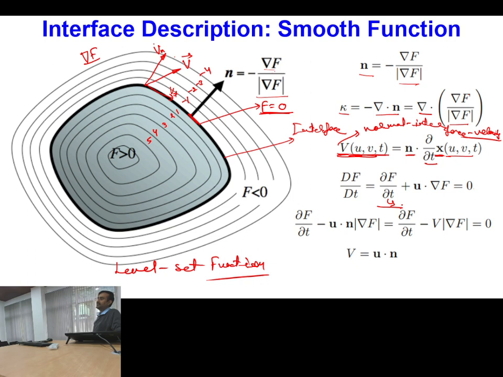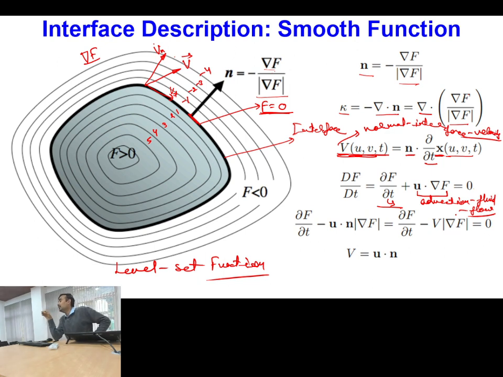Del f by del t is nothing but the rate of change of the level set function with time, and u dot gradient of f represents its advection because of the fluid flow. So its rate of change with time plus advection will be equal to 0.